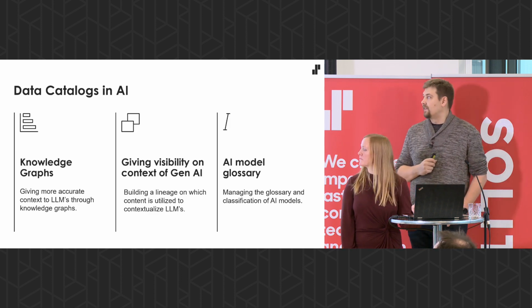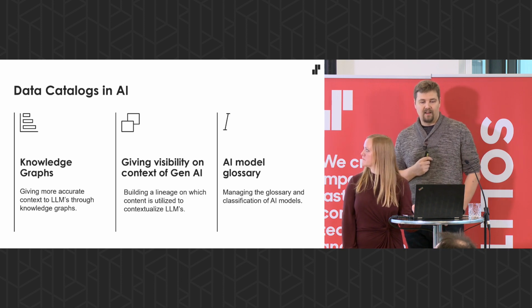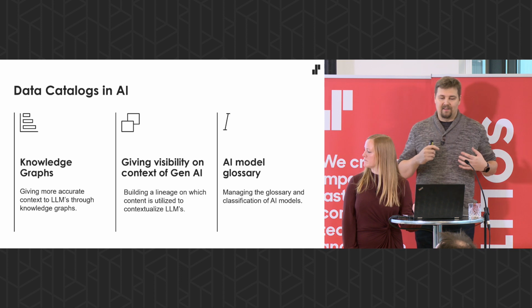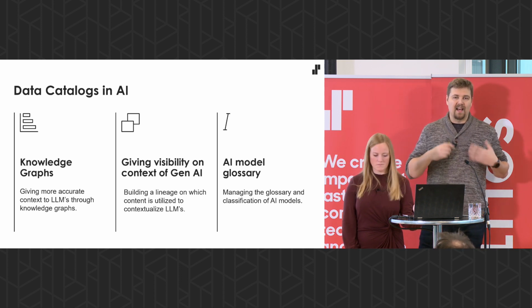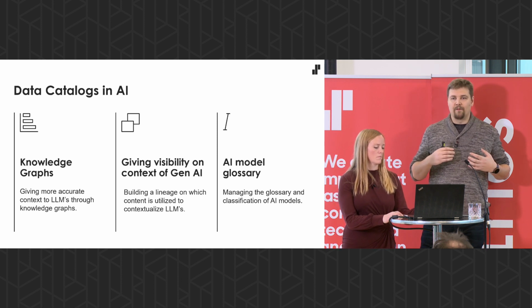And then the other way around. How do data catalogs make AI more efficient? First, and the biggest one, is definitely knowledge graphs. Some say that AI, especially these large language model based Gen AI, is often hallucinating.